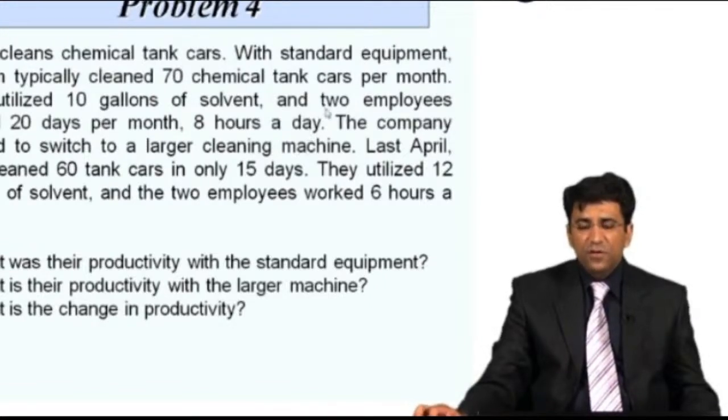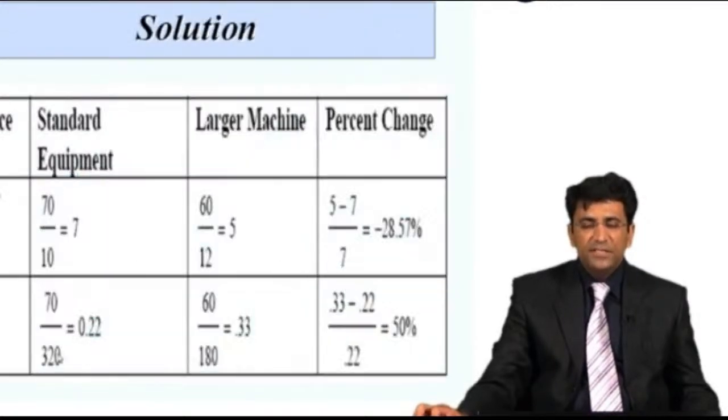So what we will do, multiply 2 by 20 and then by 8, that is 2 multiplied by 8 multiplied by 20. This will give you the total input as 320, and in this way we can calculate the labor productivity with the standard equipment.